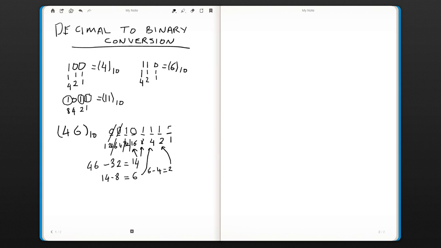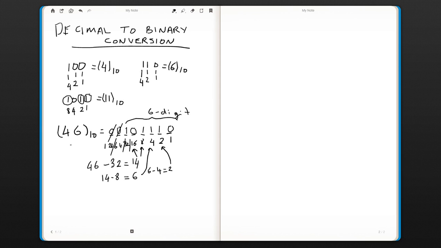So then this is going to be 0. So our number is 101110. So this is a 6-digit binary number. So this is the first technique that you can use to convert a decimal number.